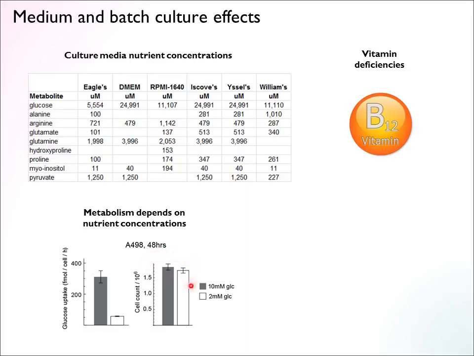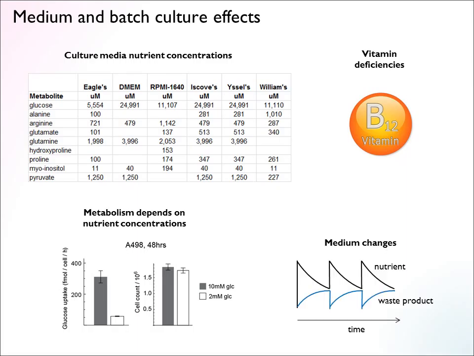And in either case, they grow just equally fine. But if you look at glycolysis and glucose uptake, it pretty much scales with how much glucose you give them. So you will think that the cell is very glycolytic if you give it a lot of glucose. If you give it less, you will think that it's more oxidative. So this is clearly an issue, and something that hasn't been evaluated much.